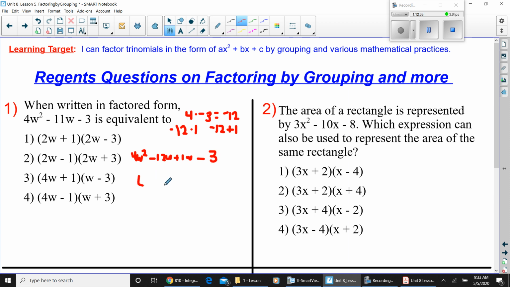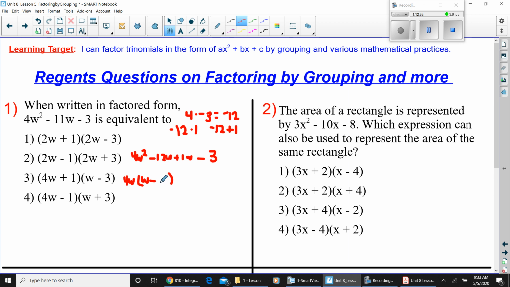Now I'm going to factor the greatest common factor out, so I know that 4w is the greatest common factor. 4w times what equals 4w squared? 4w times w.